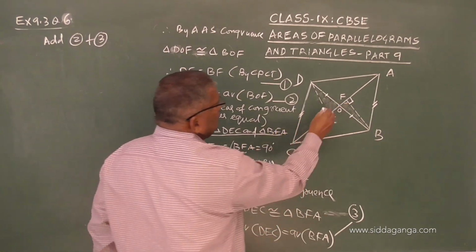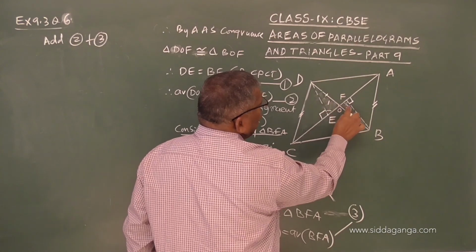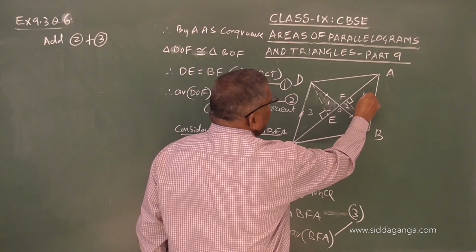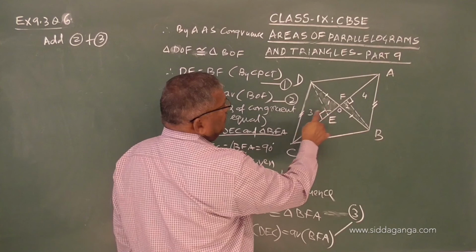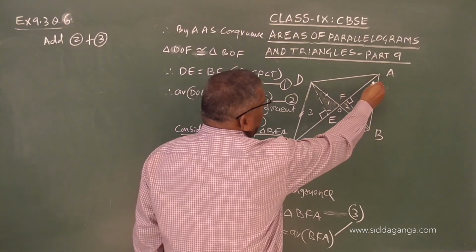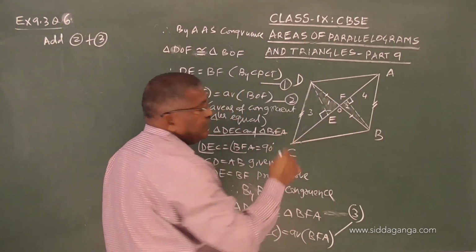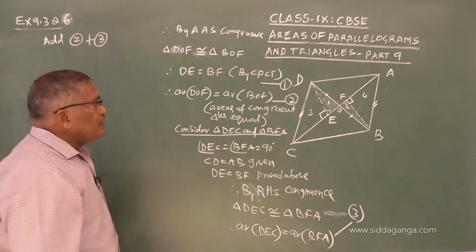If I mark this as 1, 2, 1 and 2 are equal, and 3 and 4 are equal. Now if I add 1 and 3 and 2 and 4, AOB becomes DOC. This is what we wanted to prove in the first stage.